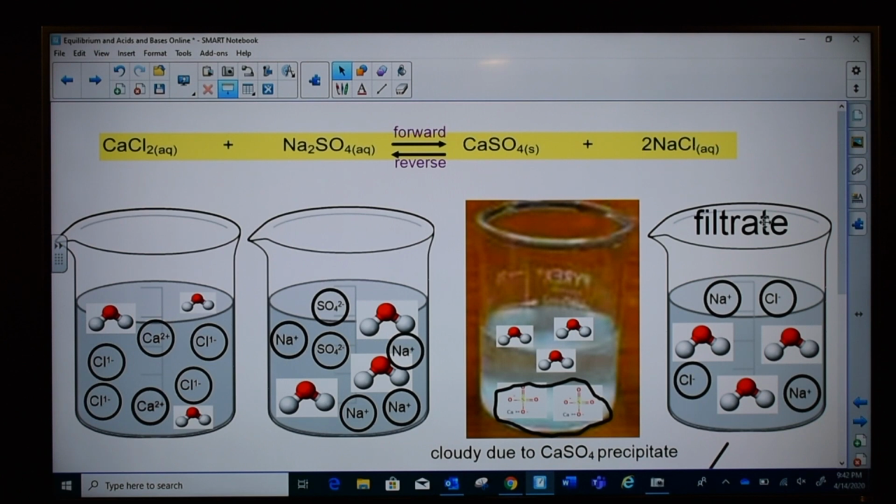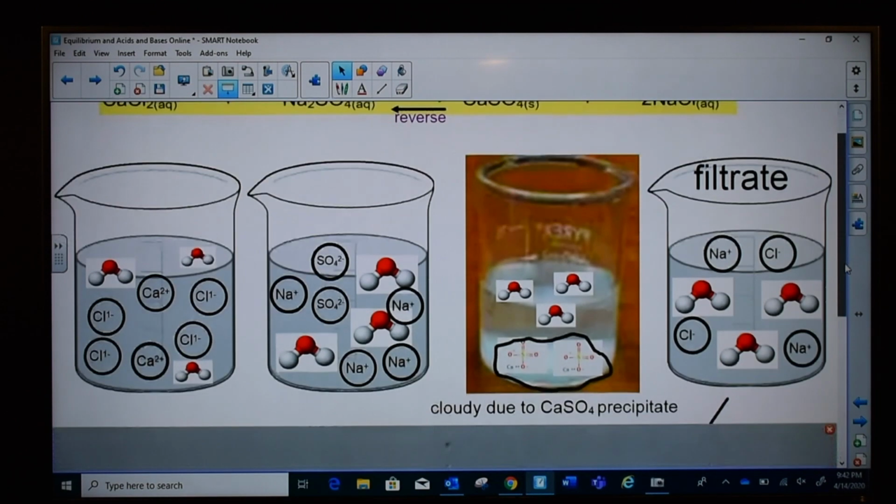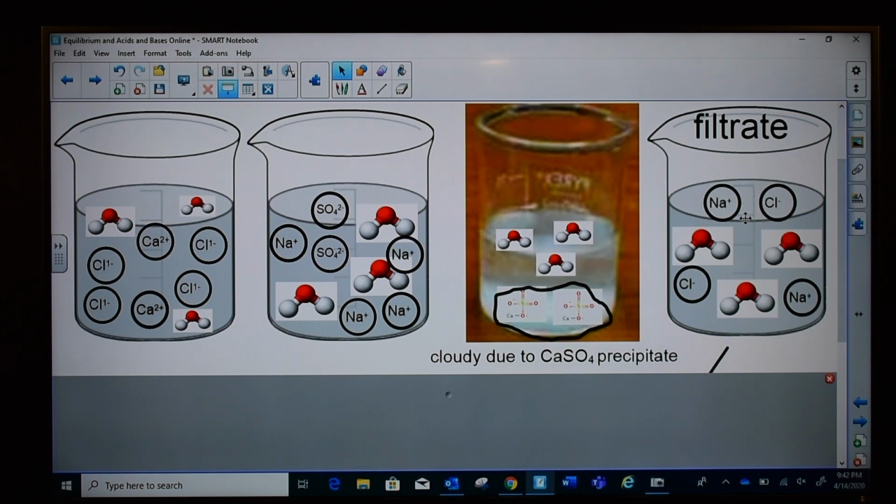But now that you're all grown up in grade 12, we're introducing something called equilibrium. If you had been in the lab, I would have asked you to take this filtrate and analyze it, performing some tests to see if you indeed just had sodium ions, chloride ions, and water molecules.